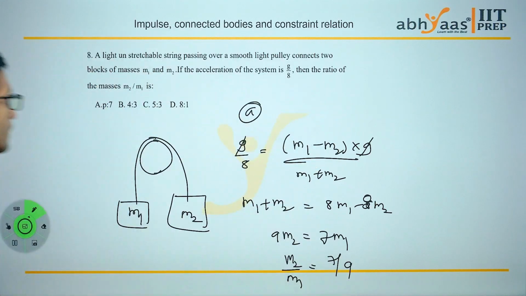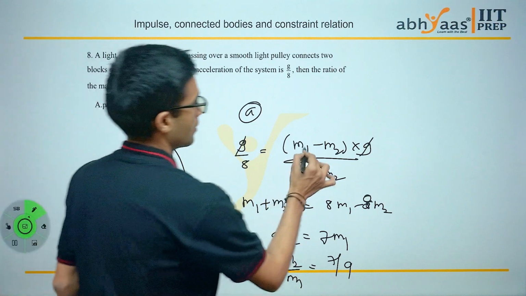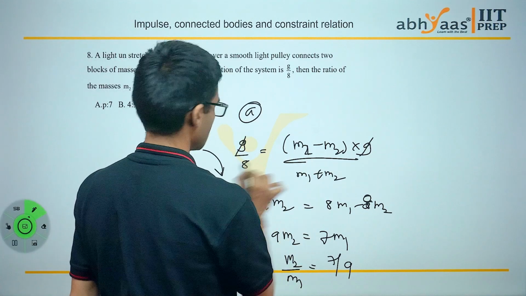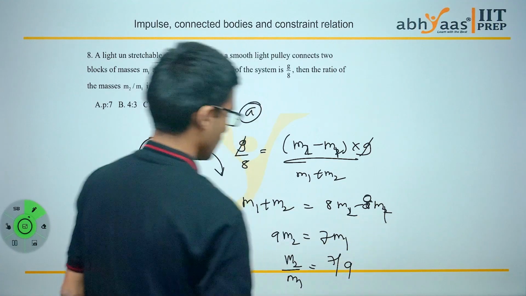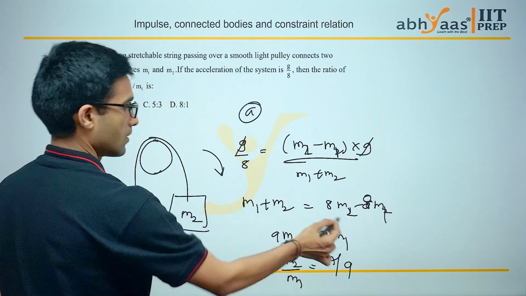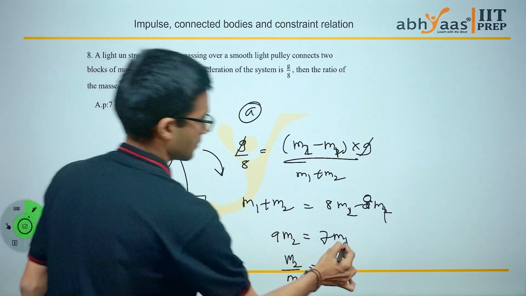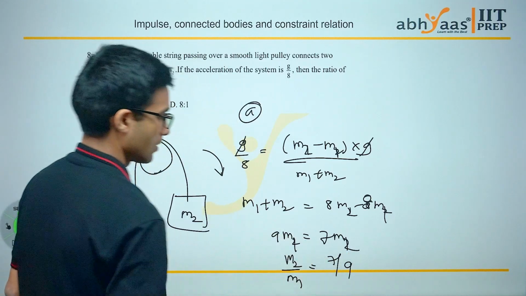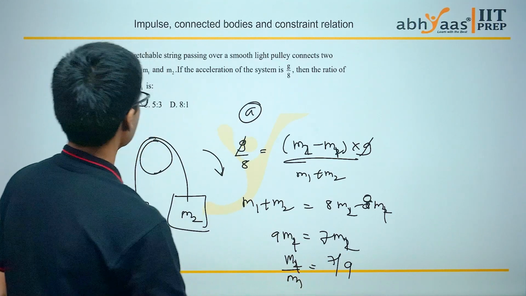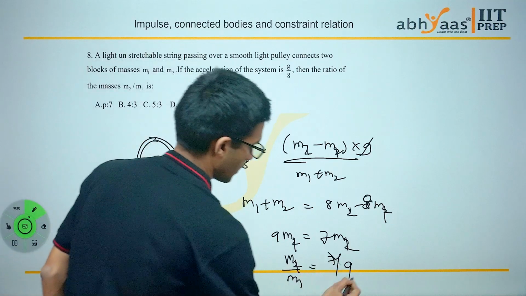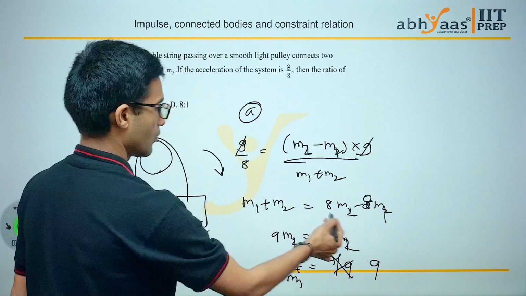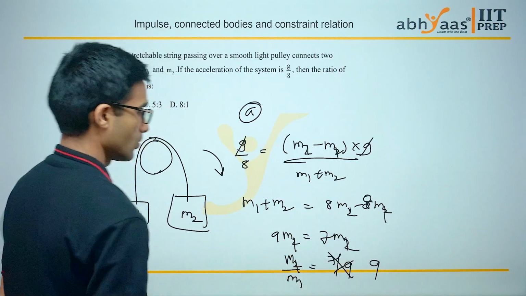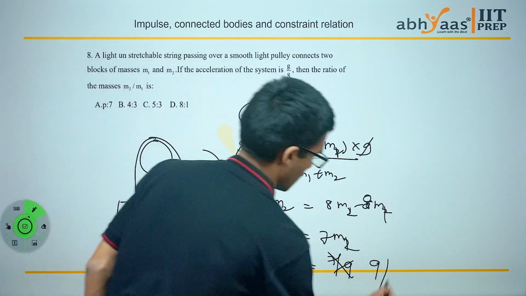But that option is not there. That means M2 is the one going down, so you change this to M2 minus M1. Then 8 M2 minus this will be 2, this will be 1. So 9 M1 equals 7 M2, and M2 by M1 will be 9 by 7.